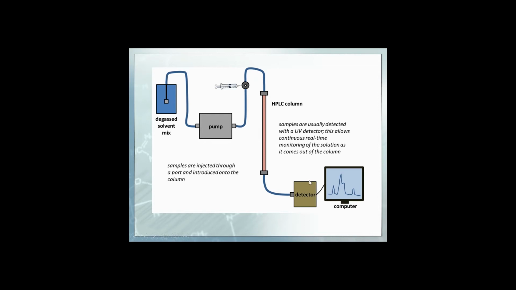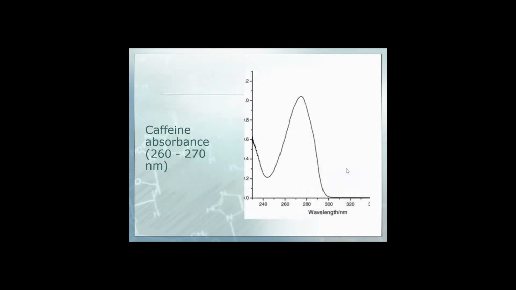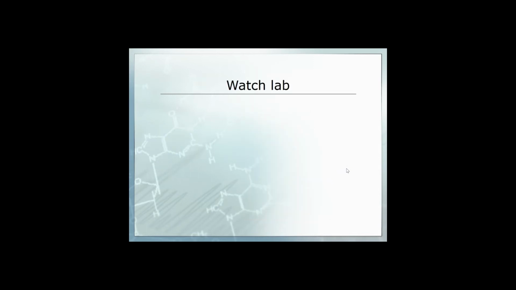In our case here, we have a UV detector, which then is shown in our computer as our chromatogram. And you need to know which particular wavelength you're going to set it at. For us, caffeine's wavelength is between 260 to 270 nanometers.